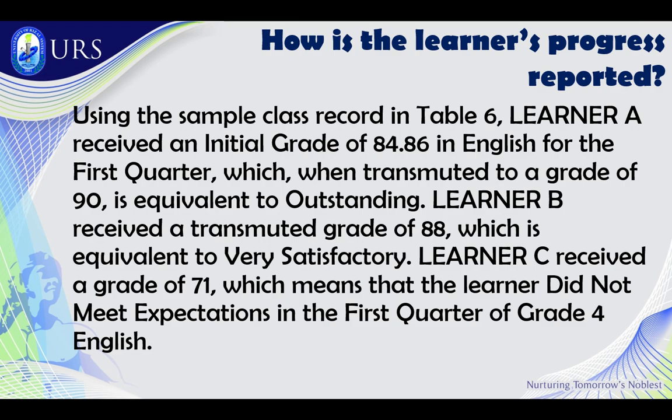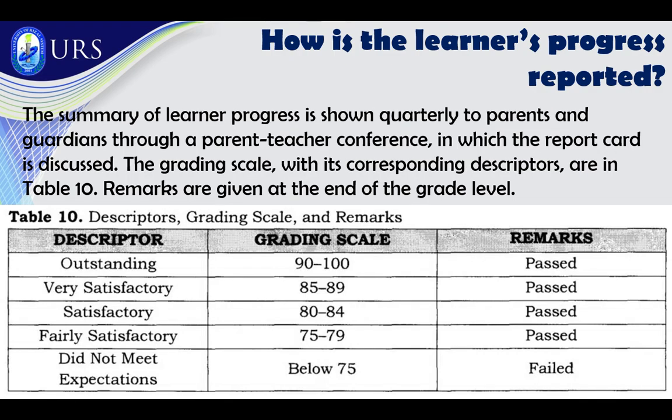Learner B received a transmuted grade of 88, which is equivalent to very satisfactory. Learner C received a grade of 71, which means that the learner did not meet expectation in the first quarter of grade 4 English. So, balikan po natin yung grading scale.